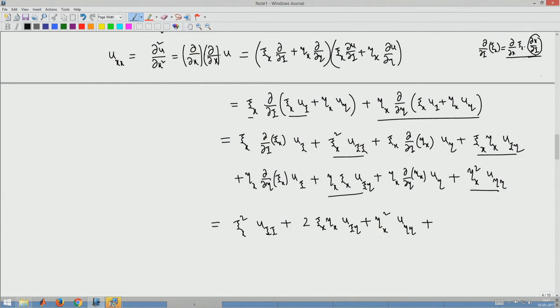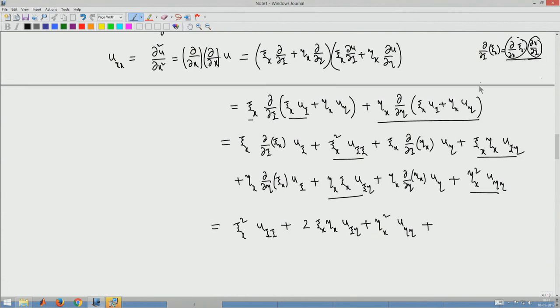So, that way you can further simplify these things, but you do not need to worry. The coefficient of u_xi will be some function of x y. Okay. So, you have u_xi and u_eta terms, those are simply lower order terms, they are not really important.